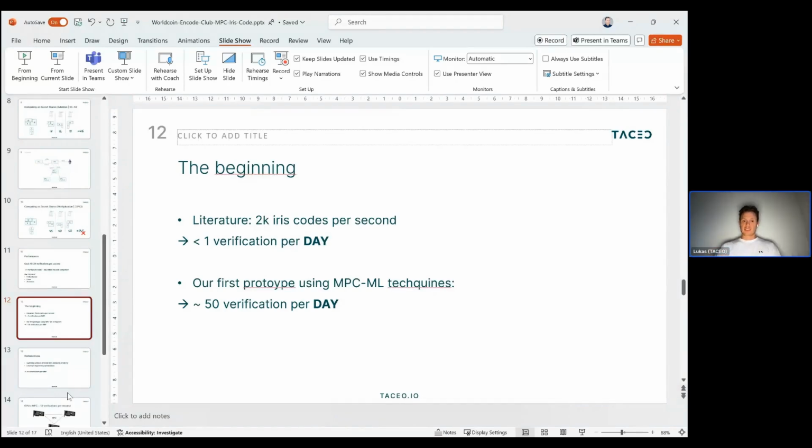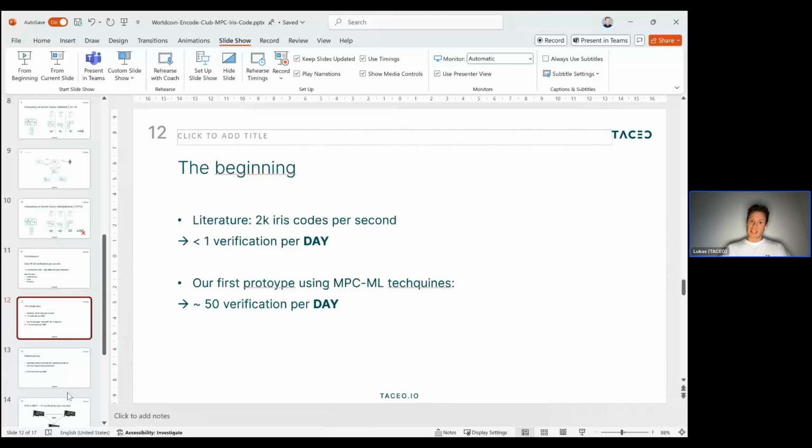I made this bold because that is less than 1 verification per day. So we're so far away from our goal, like we've seen with the 300,000x overhead of ZK virtual machines. We're so far away that we might not even think about starting this task.